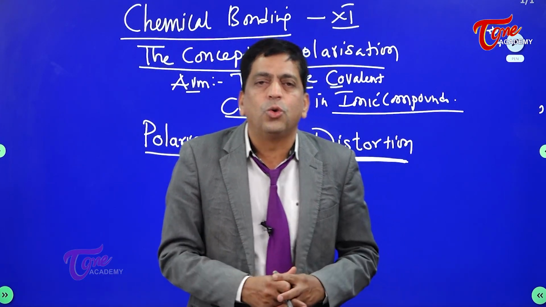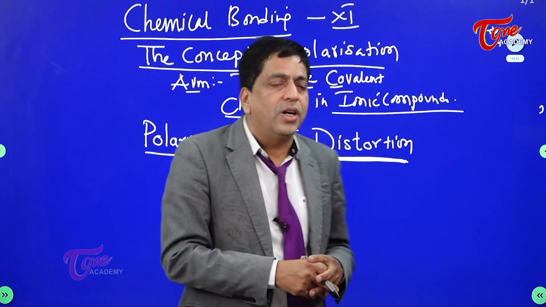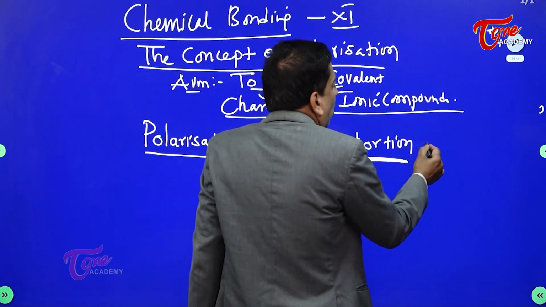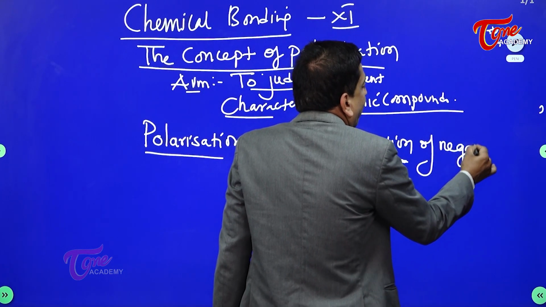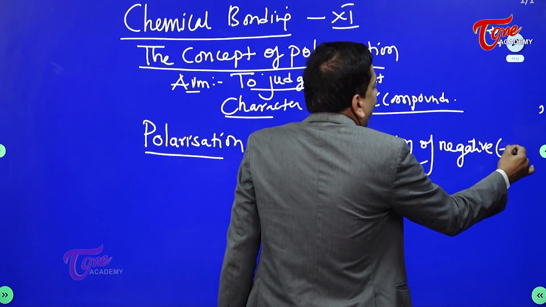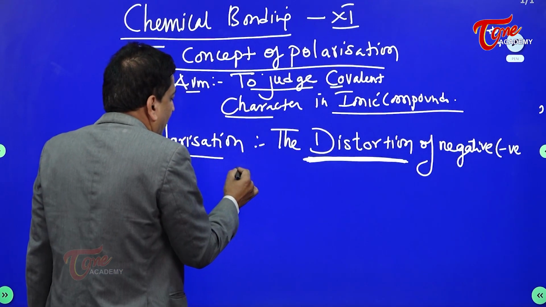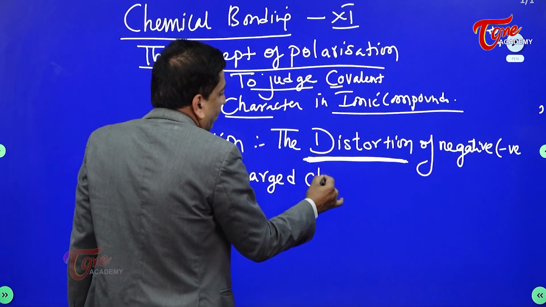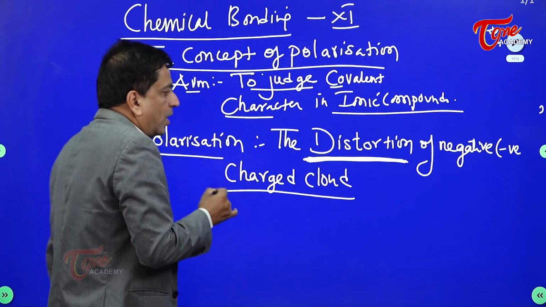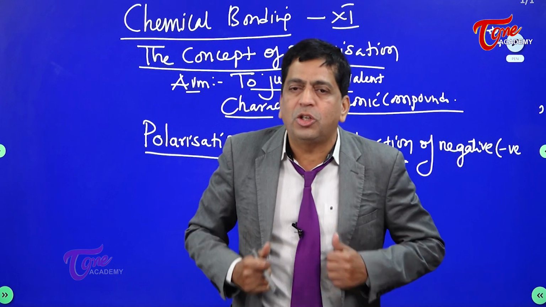Now the question arises, who is getting distorted? The distortion of a negative charge cloud. This terminology I'm using is a matured one.